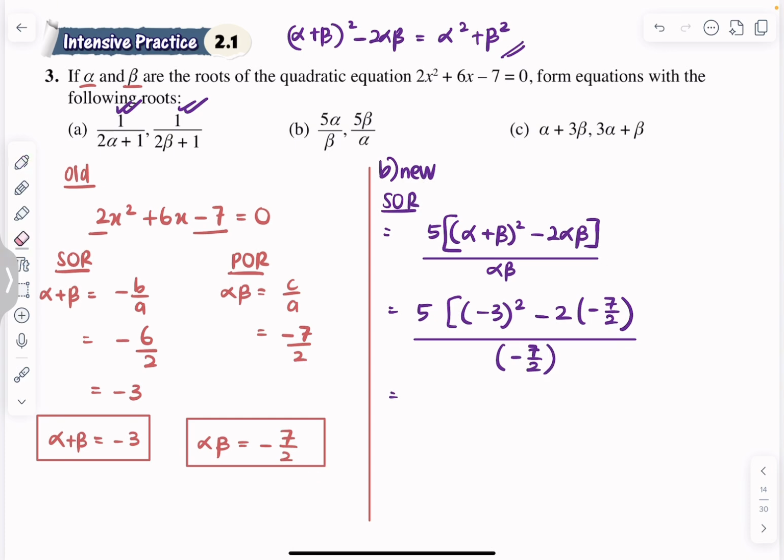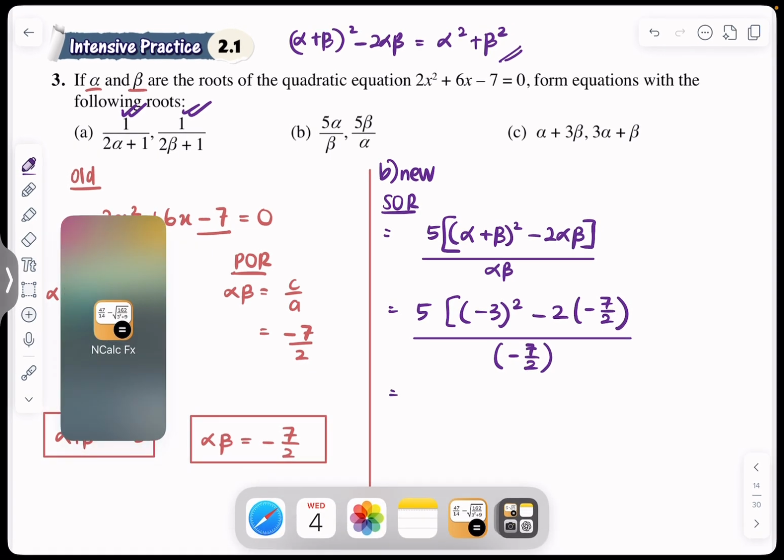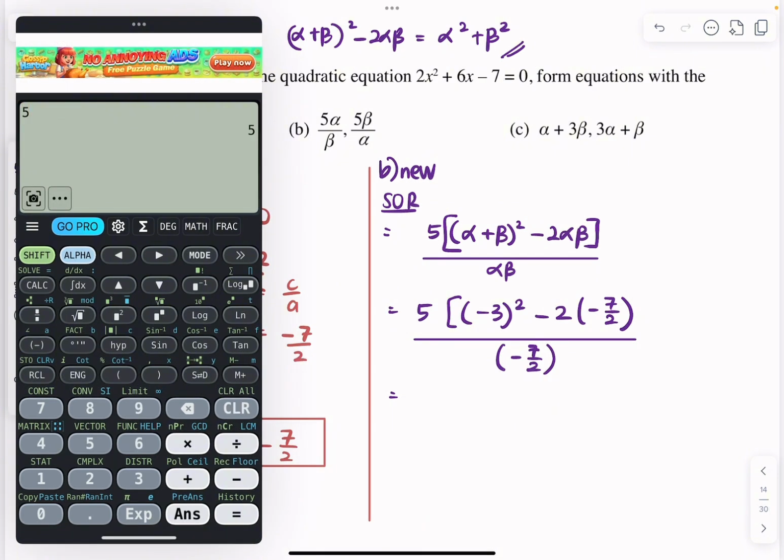So you can put this in our calculator: 5 times -3 square minus 2 times -7/2, this whole thing divided by -7/2. We get -160/7. Wait, I forgot to put the bracket up here.